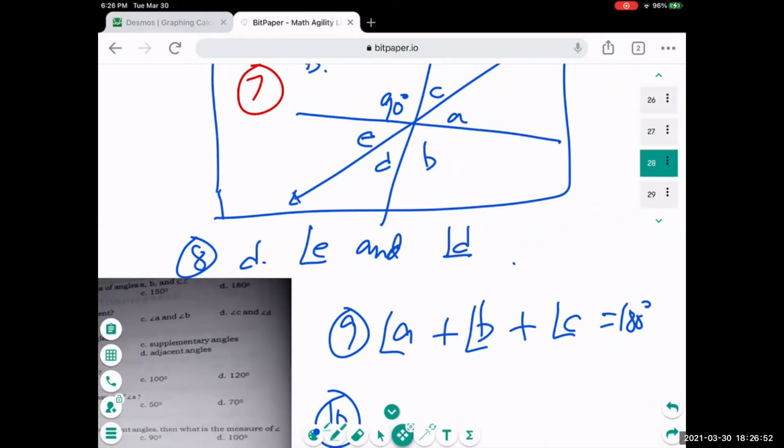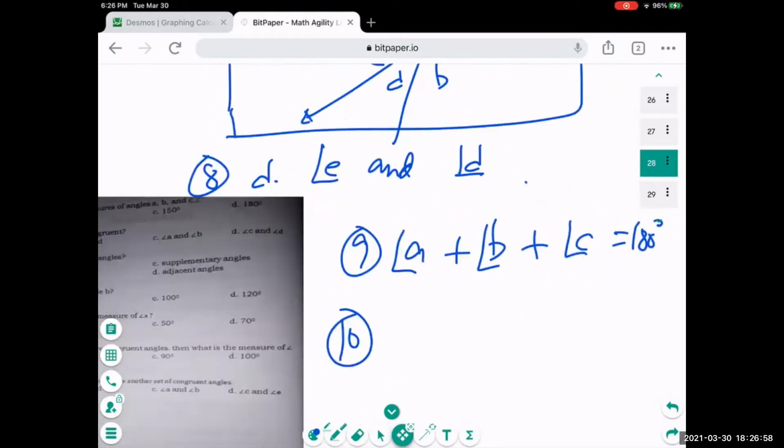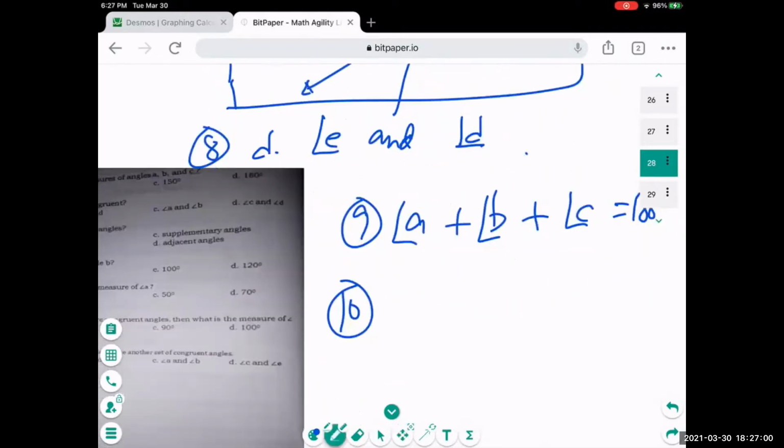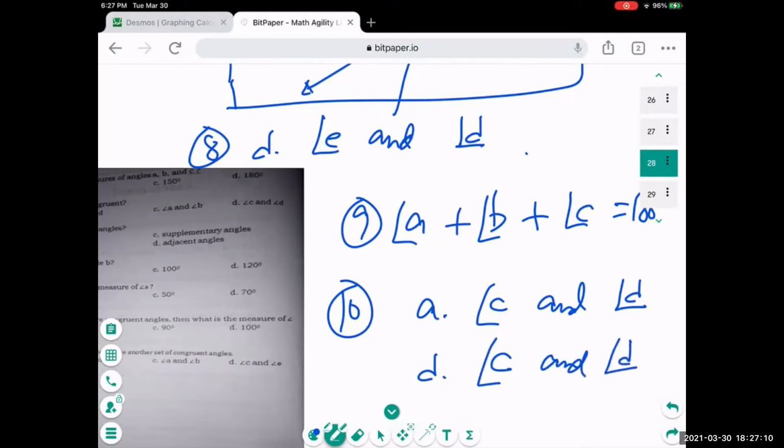So letter D, C and D. Actually, the choices have the same C and D. For letter A, angle C and D, and letter D is also angle C and D. So either of these two will work, they are congruent.